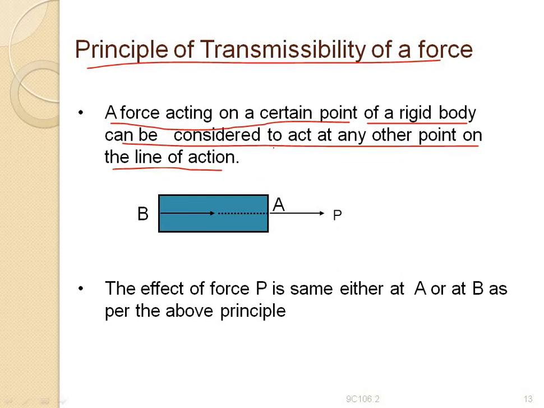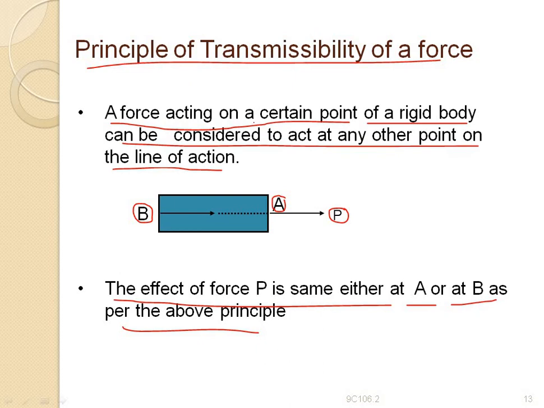You can see a body here, where A is the point of application and P is the force, which is acting at point B. The effect of force P is the same either at A or at B as per the above principle. So this is the principle of transmissibility of a force.